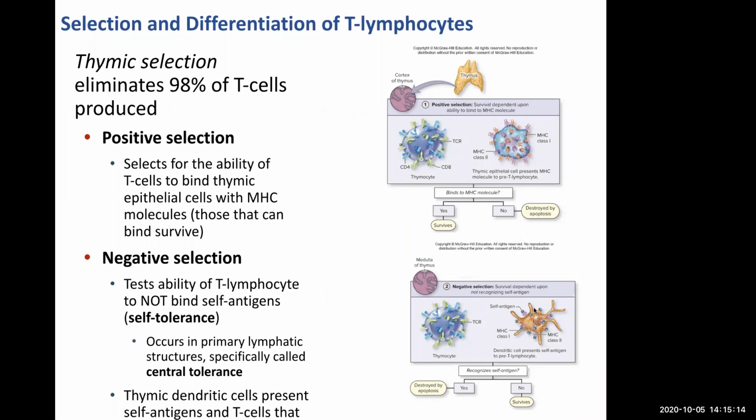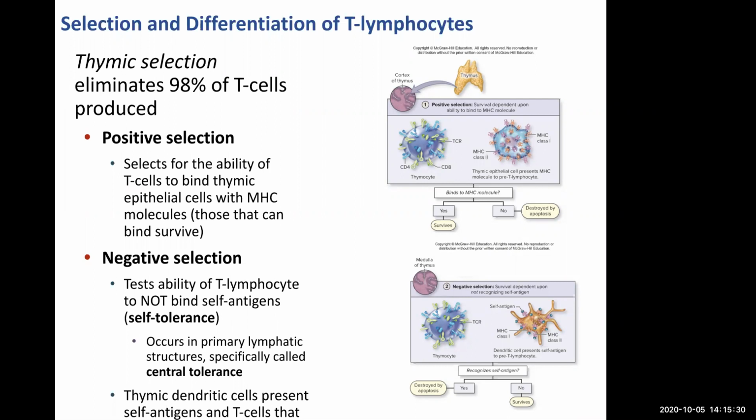And negative selection is the process by which cells that see self-antigen, that bind self-antigen too tightly, are selected against. That's why it's called negative selection, right?